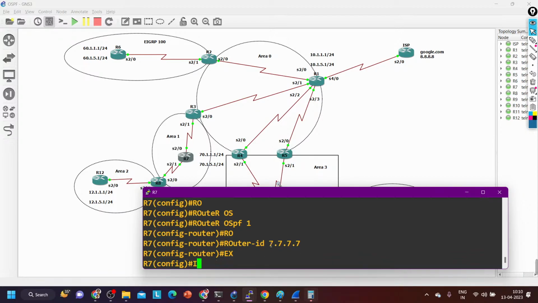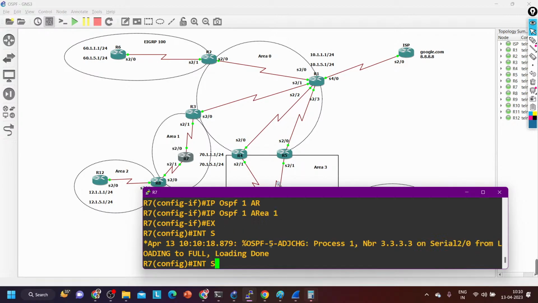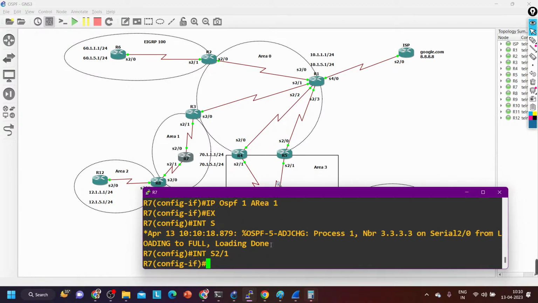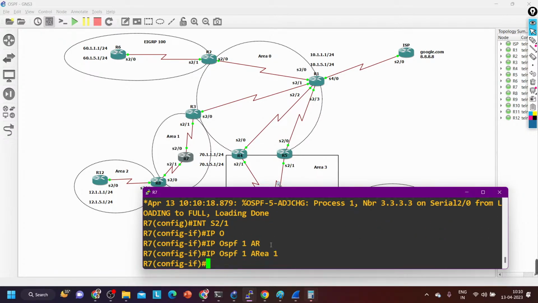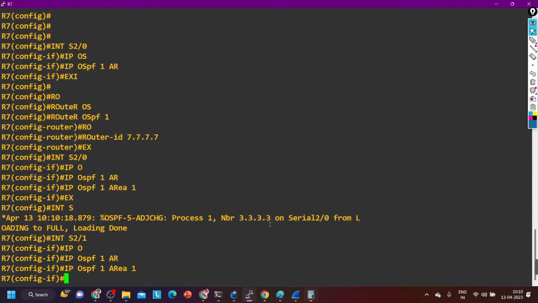Done. Now interface serial 2/0, ip ospf 1 area 1, exit, interface S2/1, ip ospf 1 area 1.